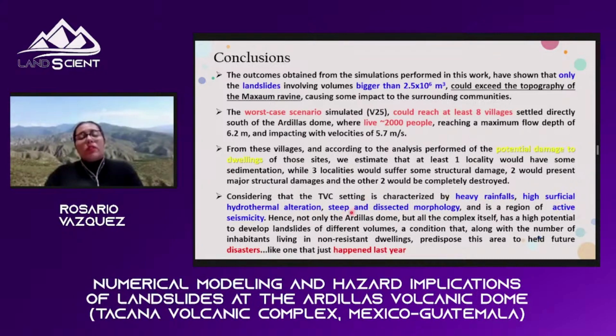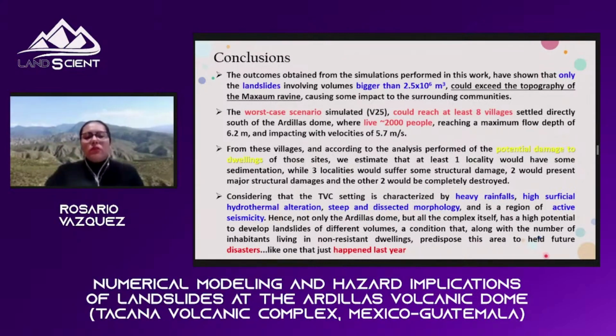And as we can observe from the photographs that I just showed you, the morphology at the top of the volcano is very steep and is currently being dissected by structural features such as faults, fissures and fractures. And as I described at the beginning of my talk, it is a region of active seismicity because of the tectonic setting around the volcano.